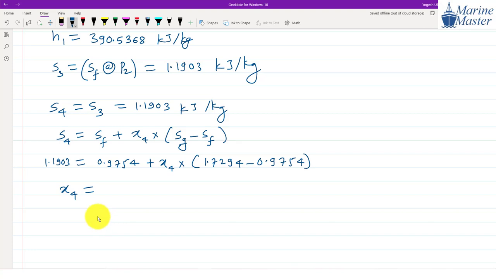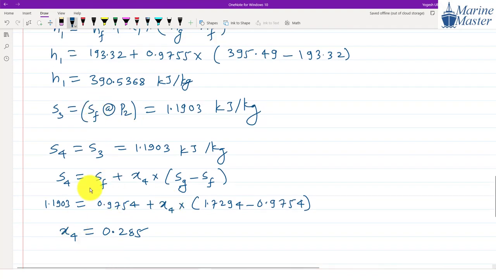So if you do the calculation, we got the value of x4 is 0.285.